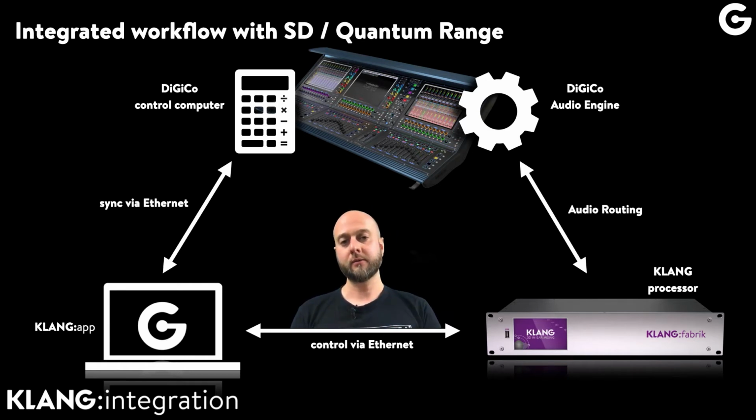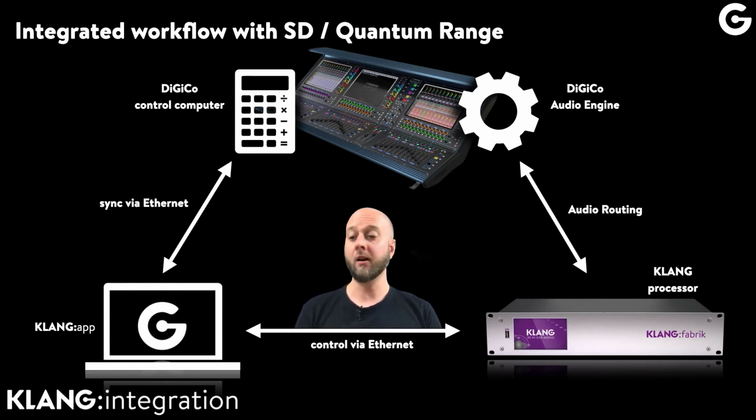A Klang processor is basically the same thing as a DiGiCo audio engine. So that's where all the audio magic is happening, where everything is processed. And Klang app would be the equivalent of the DiGiCo control computer. Our app is of course connected with our processor. And we connect the audio engines, both of them, via a simple audio routing.